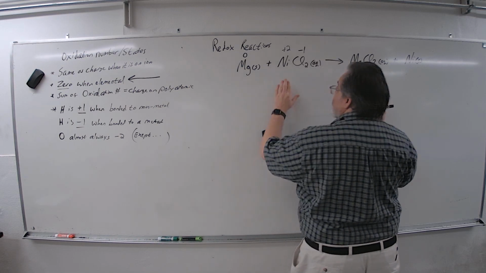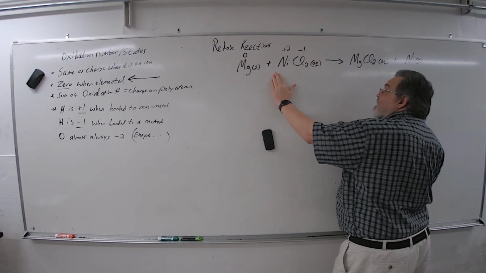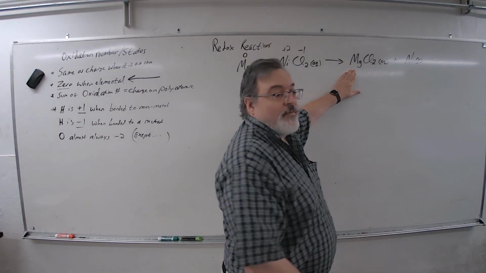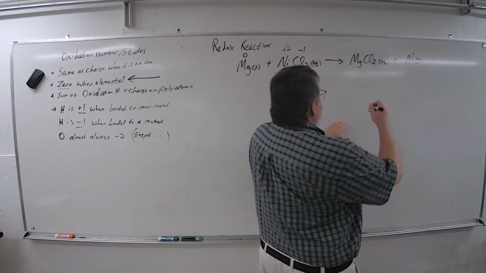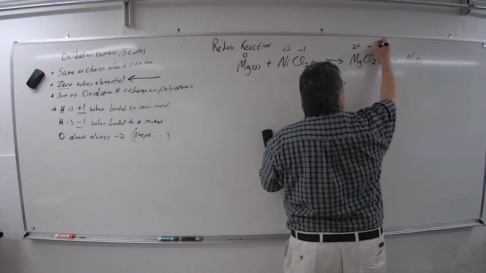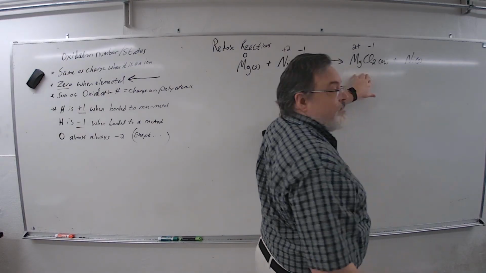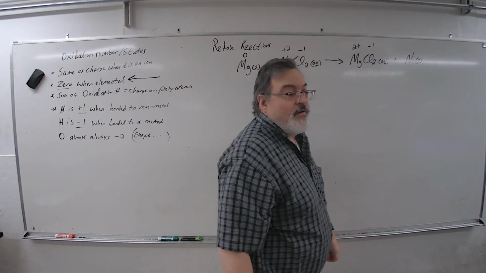So nickel is in the transition metals or the post-transition metals. So you can't predict its charge, but magnesium is in the second row. So you know the charge on magnesium. +2. And chlorine here is -1. So that balances. All right, what's the charge on nickel here?